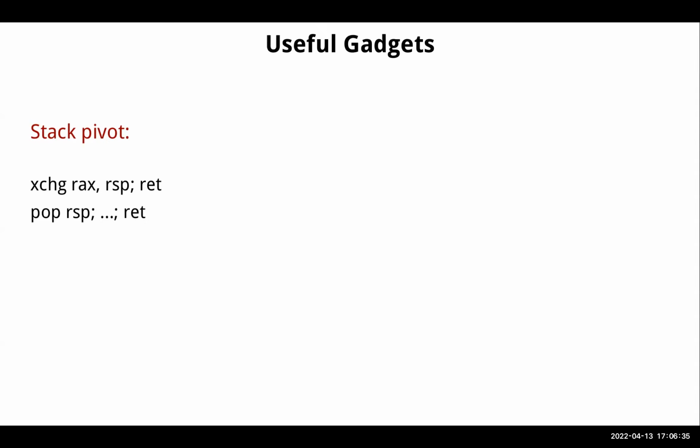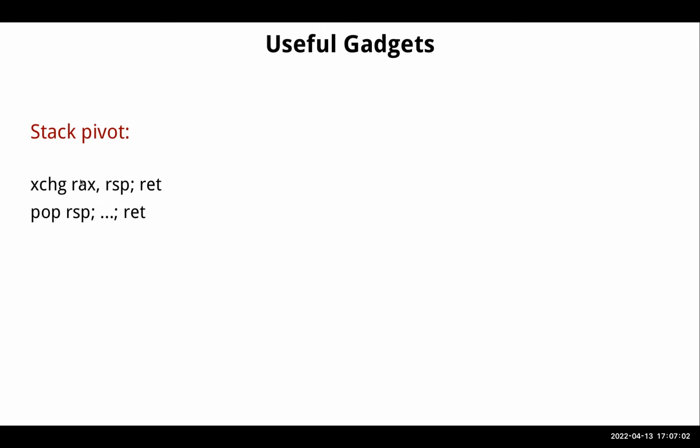and you can have as many bytes as you want. In that case, there are several gadgets people find in the wild. For example, one of them is exchange RAX RSP return. In this gadget, as long as you can set RAX to whatever you want, so basically you should look for another gadget, maybe something like a pop RAX return gadget, to set RAX.